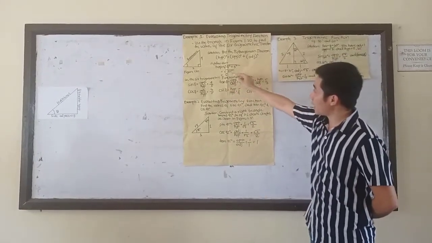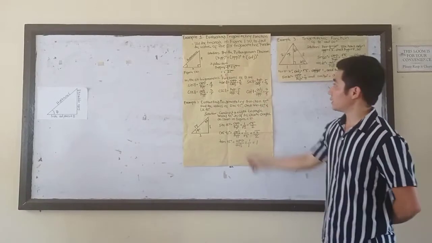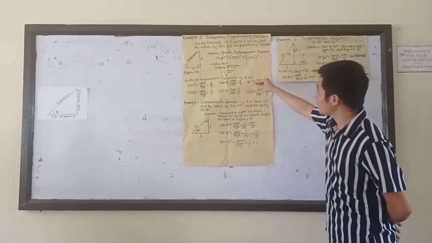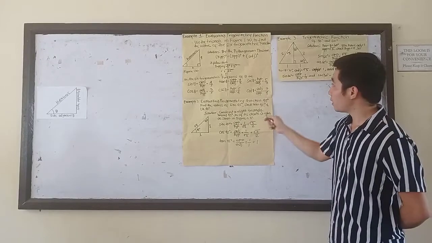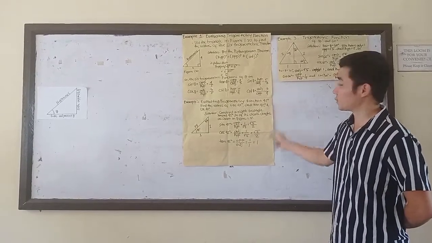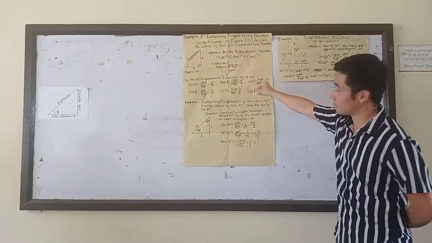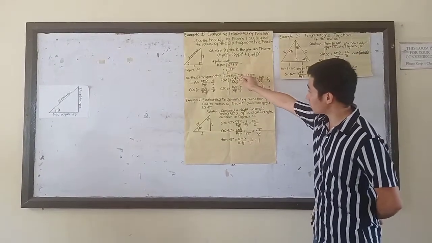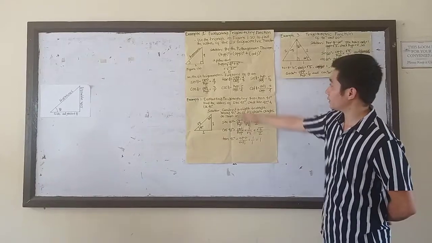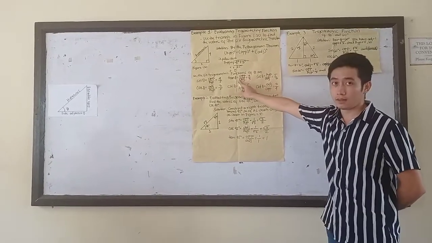It follows that hypotenuse equals the square root of 4 squared plus 3 squared, the square root of 25, which is 5.